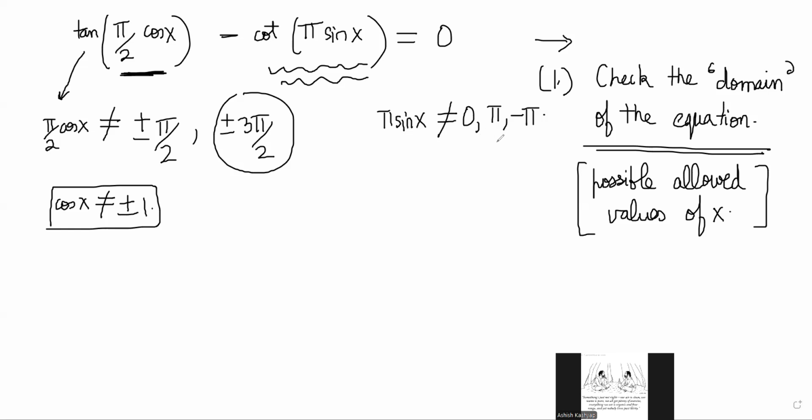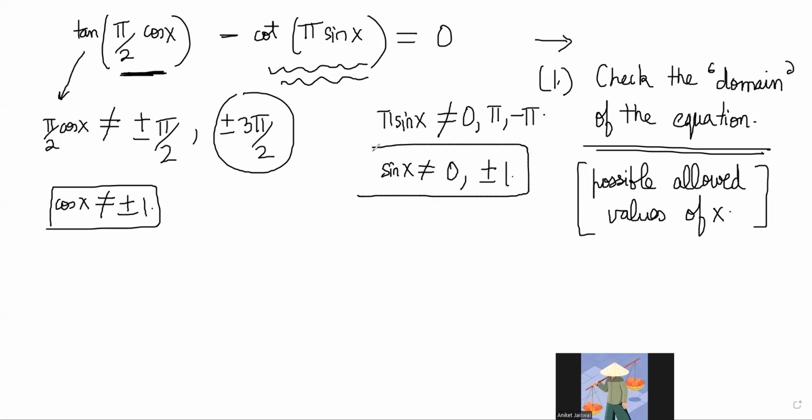Do you understand what I'm saying? Sin x cannot be equal to 1, minus 1 or 0. So sin x cannot be equal to 0 or plus minus 1. Any answer that we get should always make sure that this condition is not happening.